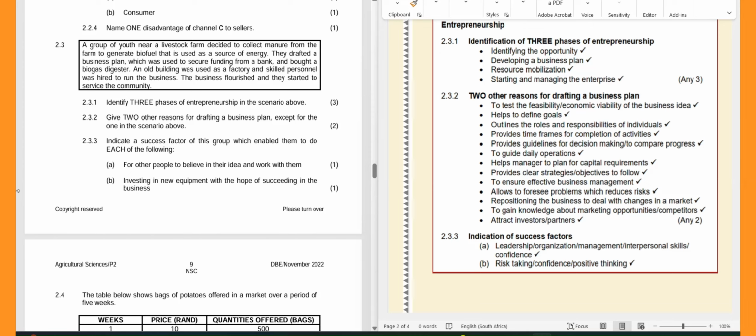And they are able to work with those people. Meaning they are able to influence and they are able to work with those people. Okay, that is leadership or interpersonal skills.